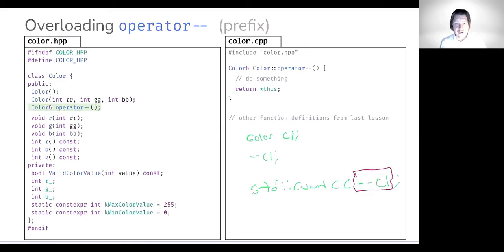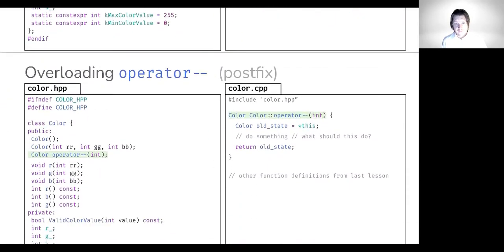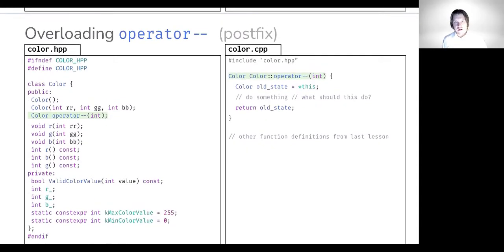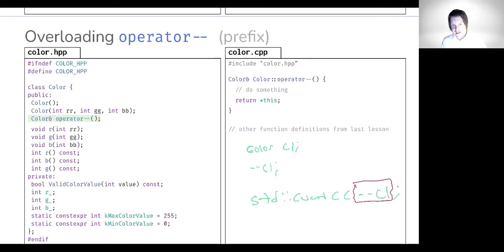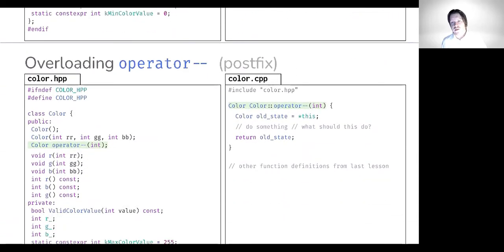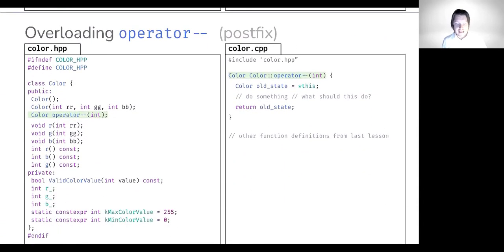That's going to be different than postfix decrement. To differentiate between prefix and postfix decrement, the postfix is going to have a single parameter of integer type. It's not going to be used. Nothing's really bound to it. It's just communicating to the compiler that this is the postfix definition.